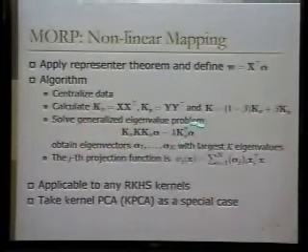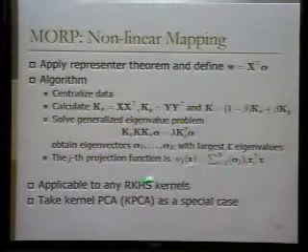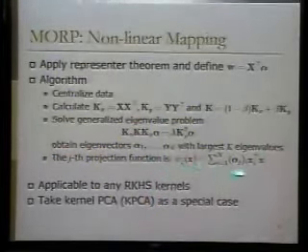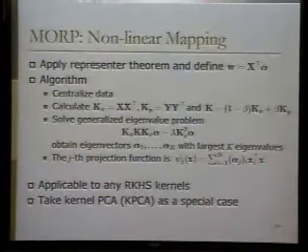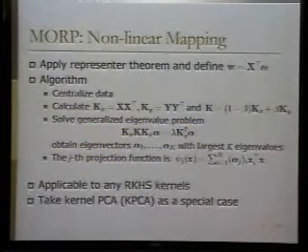We solve this generalized eigenvalue problem using only kernels. We get alpha as the eigenvectors with the largest K eigenvalues, and we can recover the projection function as a sum over the inner products of the data points with the testing data, weighted by the alpha values. This is the standard way of doing a nonlinear extension. This is applicable to any RKHS kernel, like the RBF kernel.